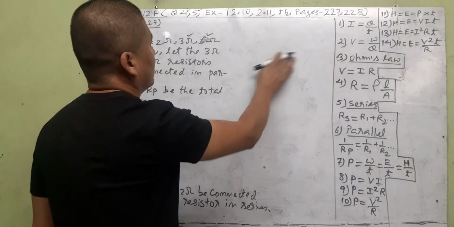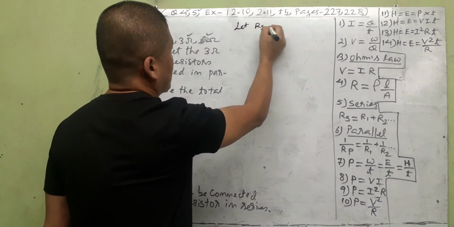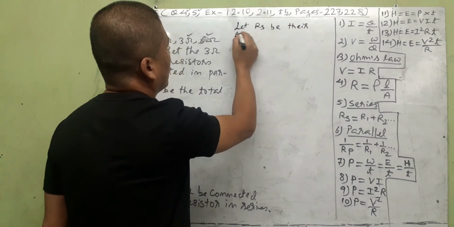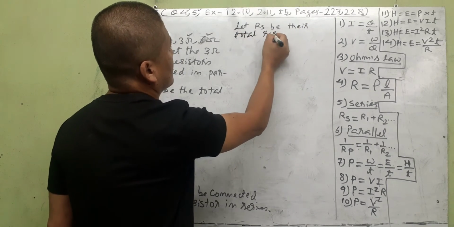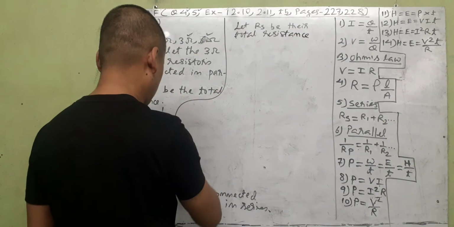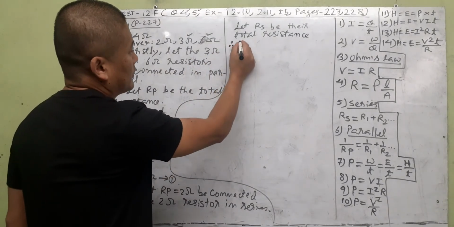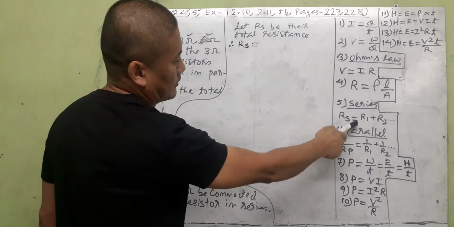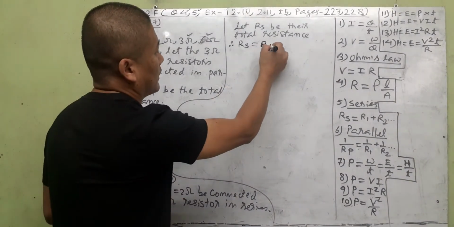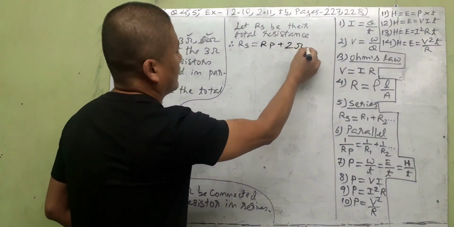So we write here, let RS be their total resistance this time. So in this series, series means series formula, RS is equal to the first one, RP, plus the second one, 2, the one not yet connected.